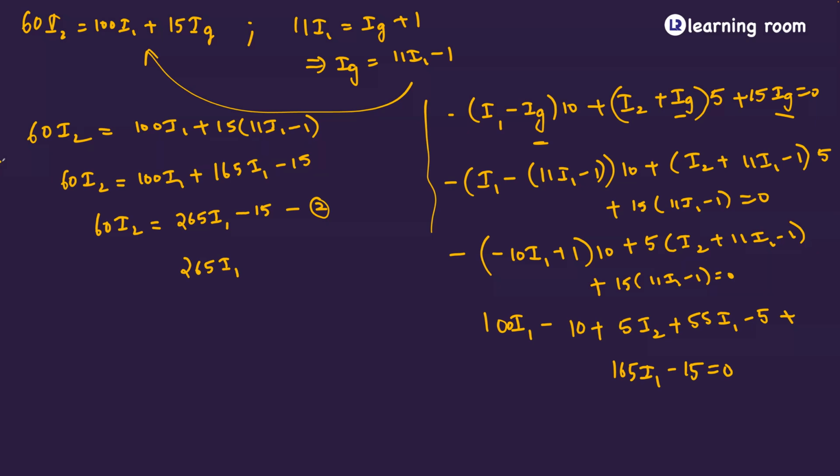How much is the total coming to? 155 plus 165, how much is it? 320, sir. So 320 I1, right? 5 I2 is equal to 320 I1 minus 15.